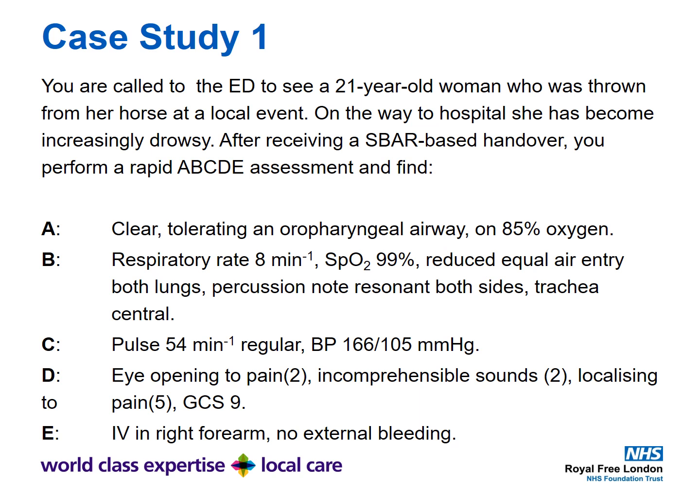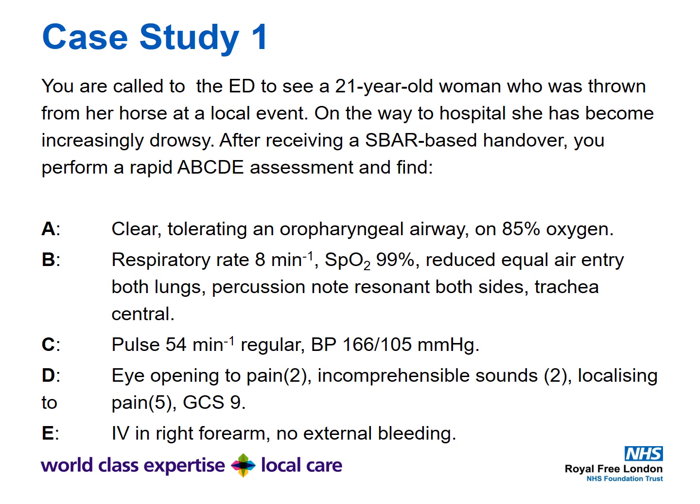Okay, so let's pick out some of the issues in this ABCDE assessment. She's tolerating an oropharyngeal airway, and remember that in order to do that you need to be unconscious. Her respiratory rate is 8, which is low, which means she is hypoventilating. So have a think about what this will mean for her carbon dioxide.